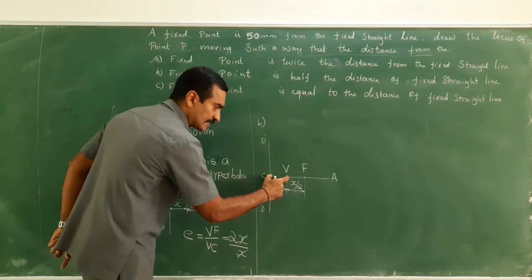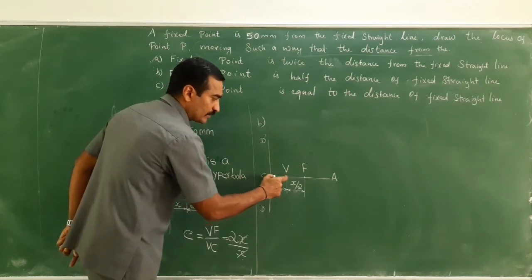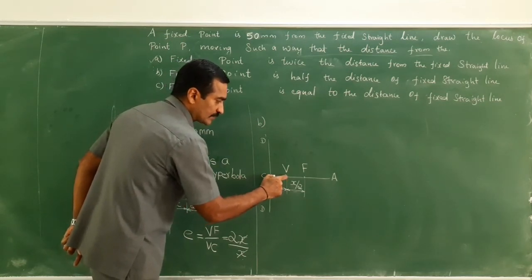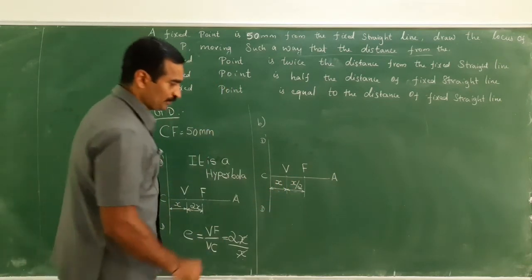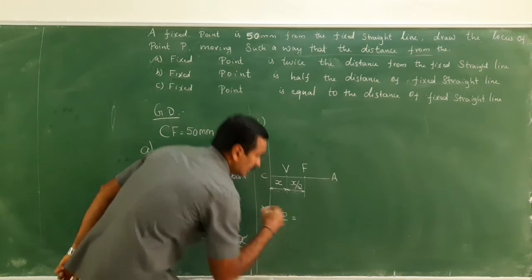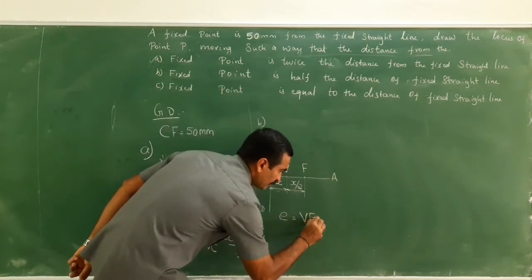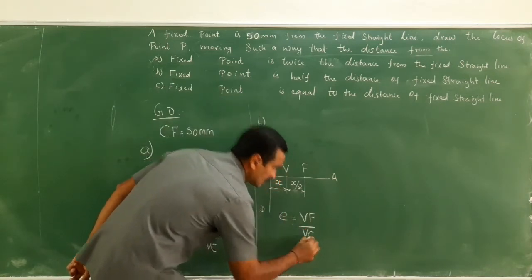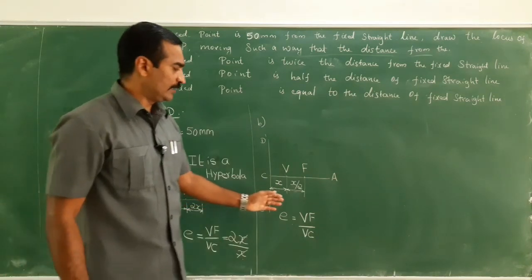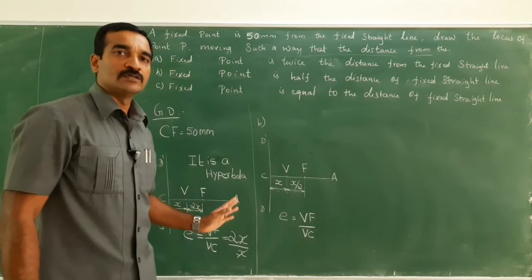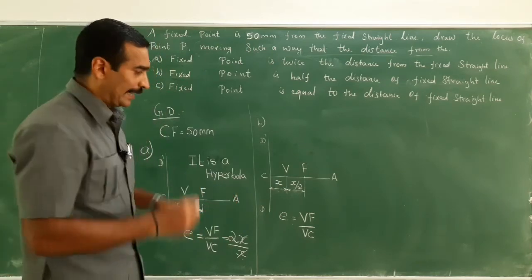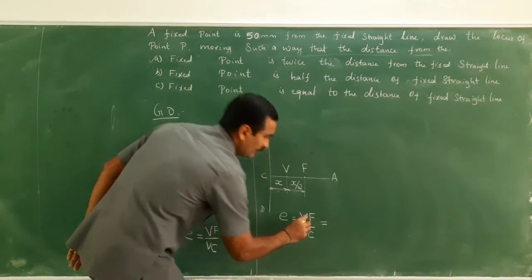So, if the distance from the moving point to the fixed straight line is x, this could be x by 2. What does eccentricity E say? VF by VC. It is the ratio of the distance of the moving point from the focus to the distance of the moving point from the directrix.